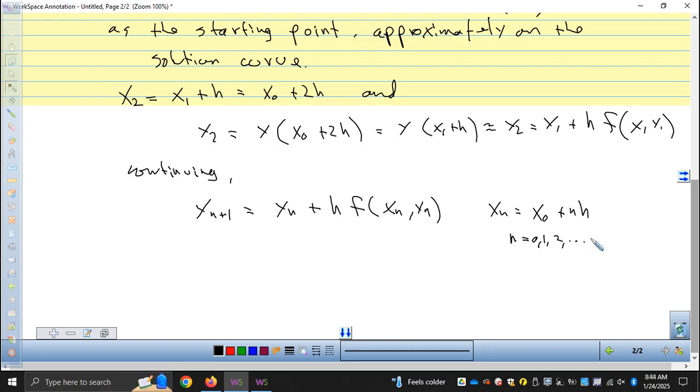And in that way we continue until we get to the x value at which we're trying to approximate the y value. So we're given x0, y0, that's our initial condition, and we have some other point, some distance away from x0, y0, where we want to approximate the y value. So the points that we get from calculating our tangent line are approximating the solution curve as we continue this iteration.